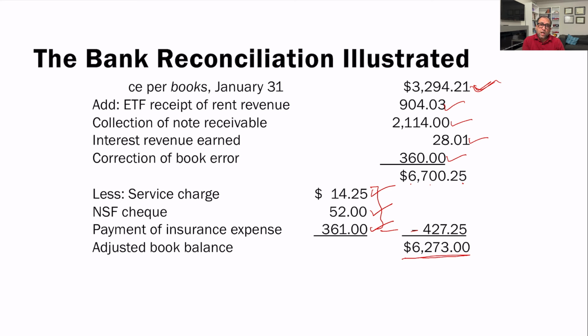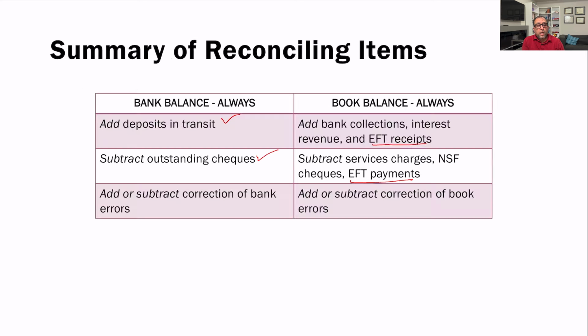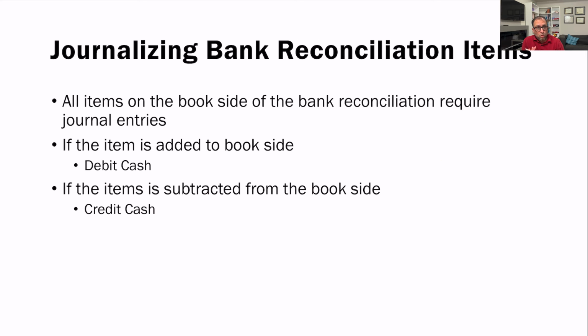We have to pass journal entries so that the cash balance is adjusted correctly. All items on the book side of the bank reconciliation require journal entries. If the item is added on the book side, debit cash. If the item is subtracted from the book side, credit cash.